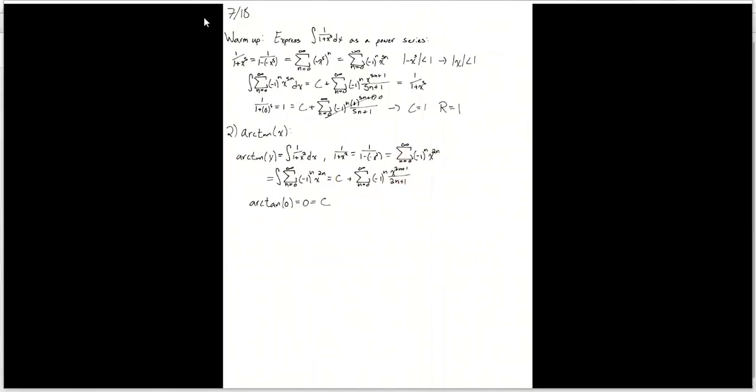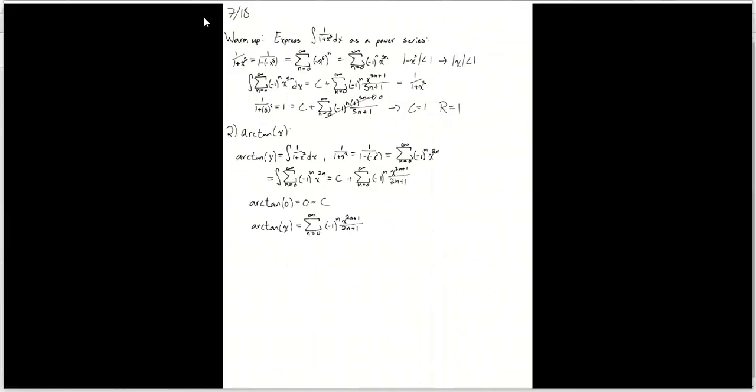So let's just write that out. We've got that arctangent of x is equal to the sum of -1 to the n, x to the 2n plus 1 over 2n plus 1.